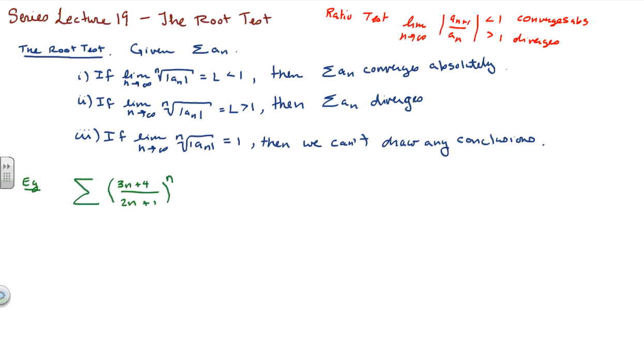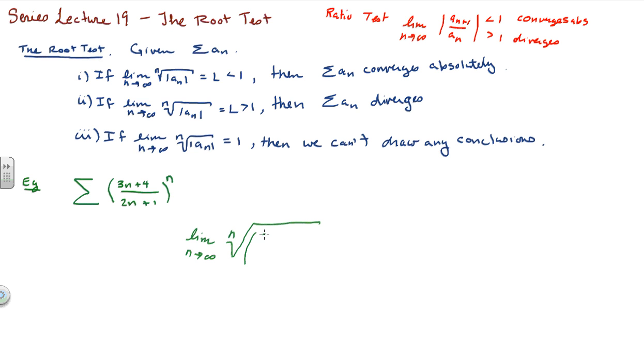This is a classic example of where we would use the root test because the terms are raised to the nth power. This is all positive, as long as n is bigger than or equal to 1, so we don't have to worry about absolute values. If it converges at all, it converges absolutely. So I'm going to look at the limit as n goes to infinity of the nth root of this term.